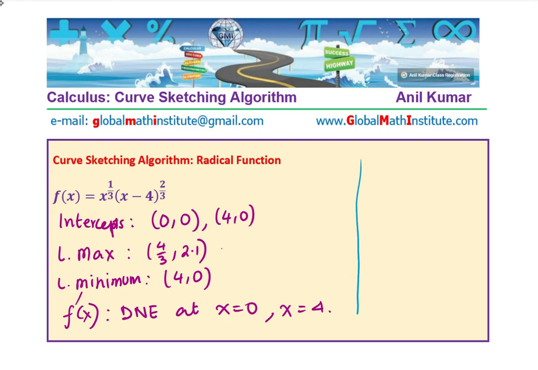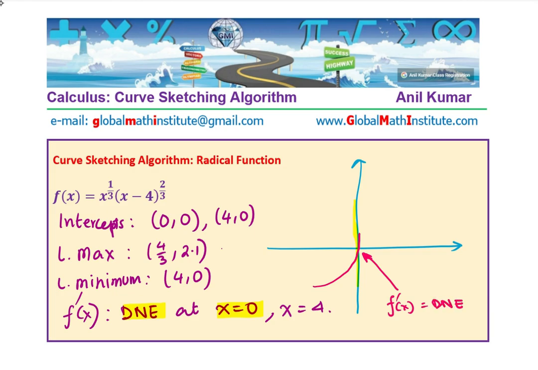So, here's a rough sketch. Domain is all real numbers. So, when you look at the origin and the derivative is not defined, it means it's a vertical tangent here, right? And therefore, the graph nature should be what? Do you see like this? It goes vertical. Do you see that part? So, this vertical tangent reflects that the first derivative does not exist.